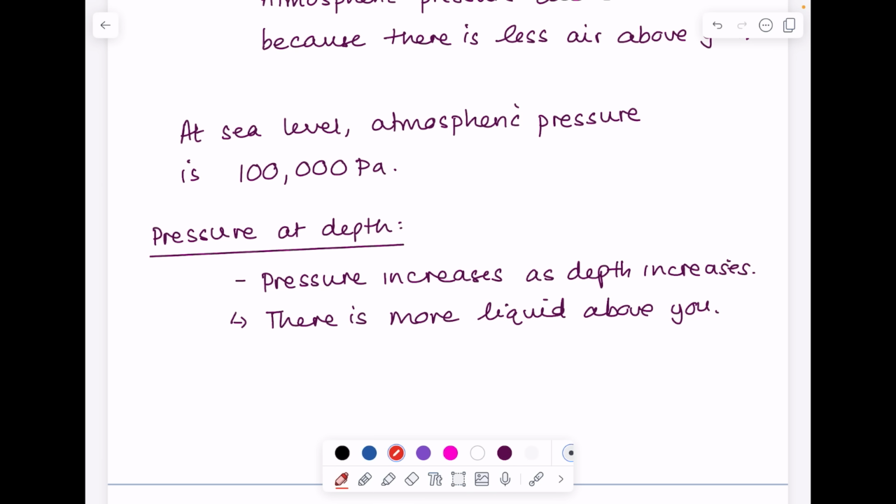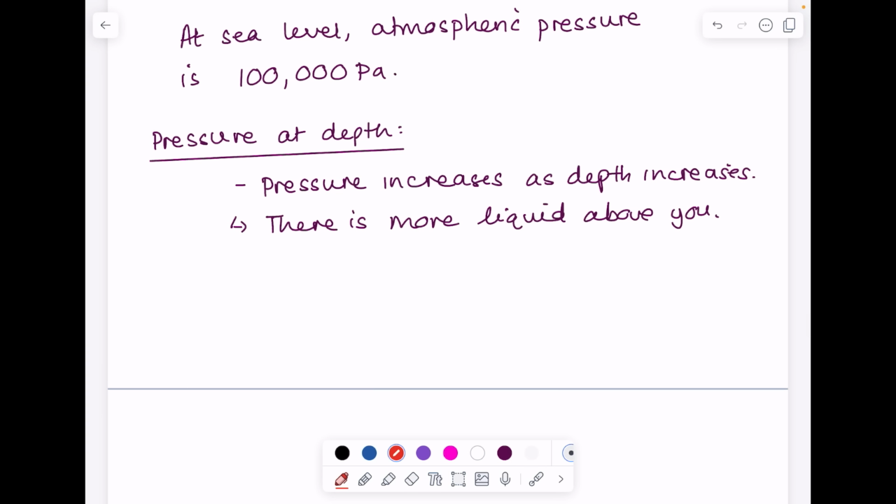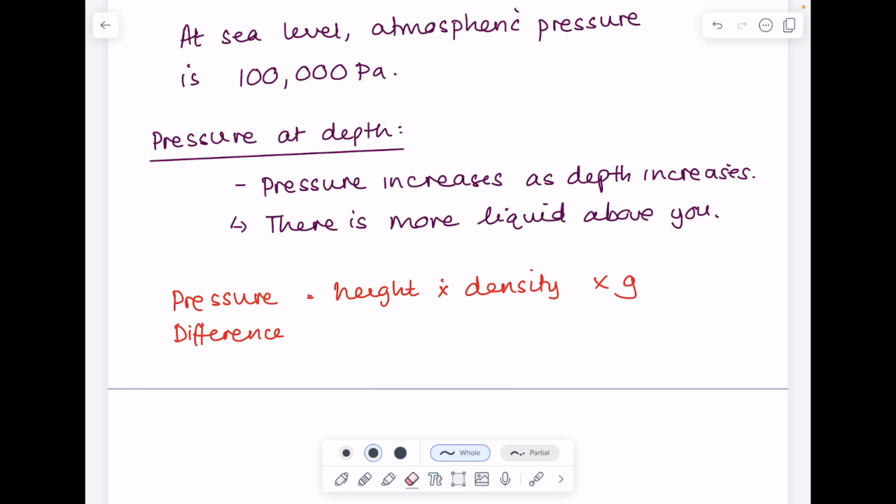And there's an equation which really explains this, which states that pressure difference equals height times density times gravitational field strength. So obviously, as we get lower in the ocean, that height value increases and therefore the pressure increases.